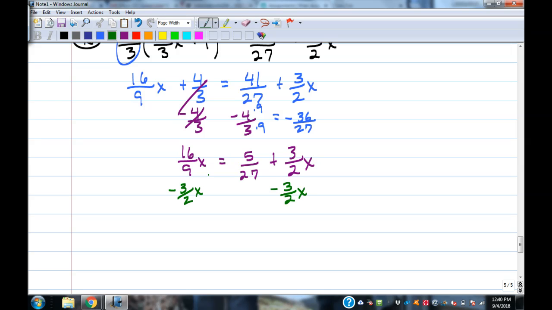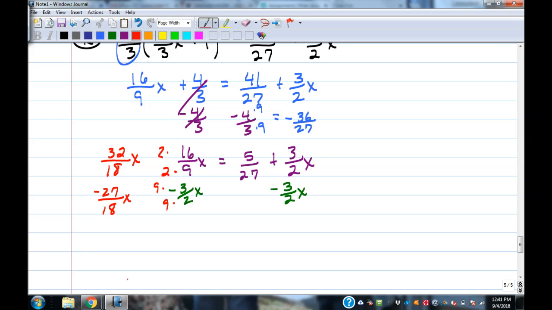This one's a little tougher because I can't just multiply one of them by something and get a common denominator. What number do 2 and 9 both go into? Well, what's 2 times 9? 9 doesn't go into 16. 2 times 9 is 18, so I could just do this. 16 times 2 is 32 over 18, and then negative 27 over 18.